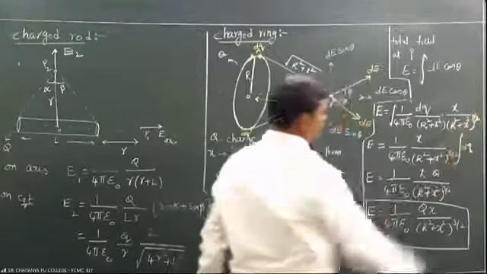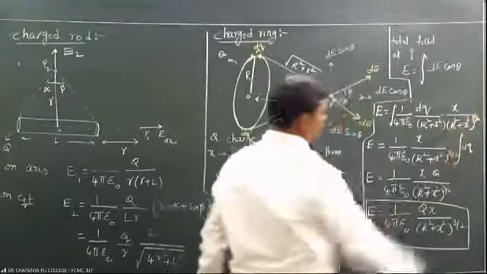So 1 by 4 pi epsilon naught q by x square. See, this formula is familiar to you. This is the formula for the intensity of electric field due to a point charge. Whenever you take the distance much more, this ring appears very small compared to the distance. So the ring behaves like a point charge.